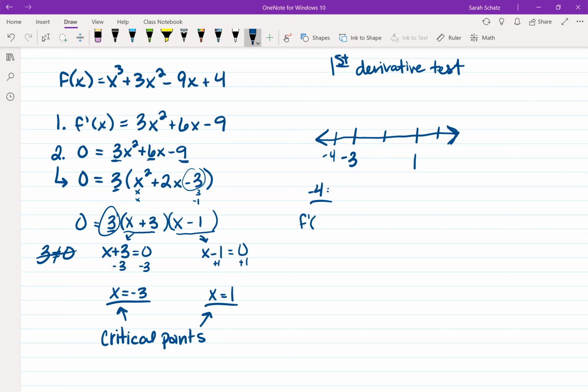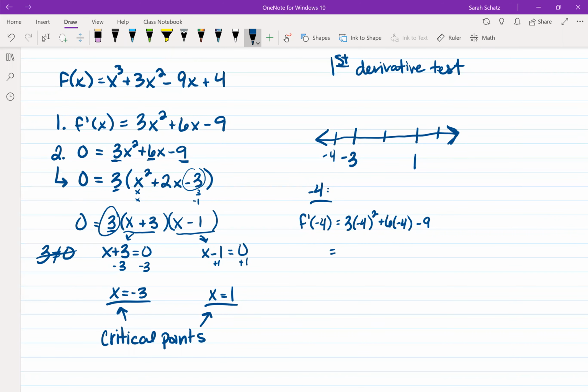So it's going to be the derivative at -4. Here's our derivative. It's 3x squared, so 3 times -4 squared plus 6 times -4 minus 9. So you guys, your derivative on this one is more complicated. There's more terms, so just be really careful.